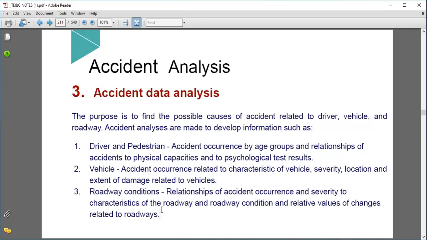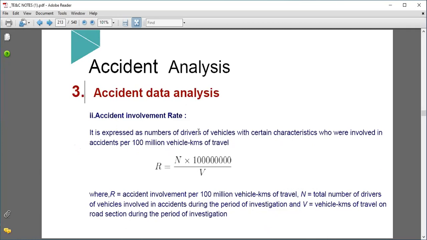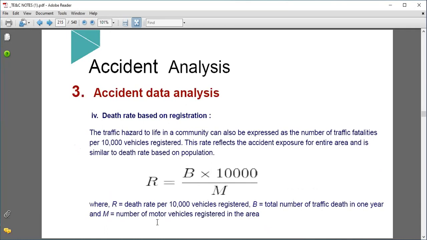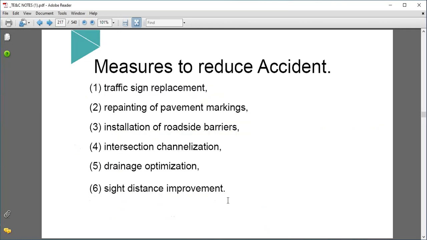Okay, now we'll move towards the next point. Data analysis will be made from the collected information. For reducing the accidents, we'll make some changes in the road.